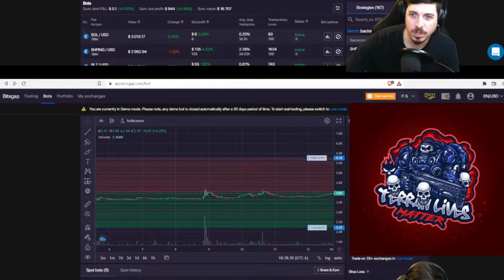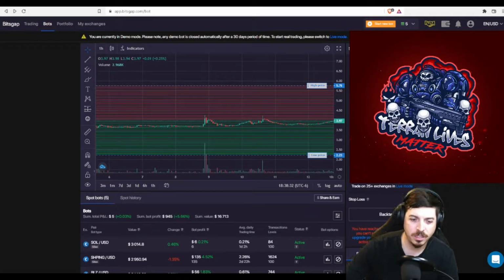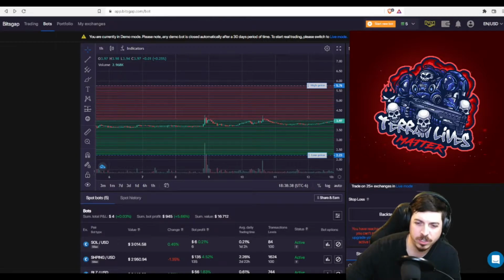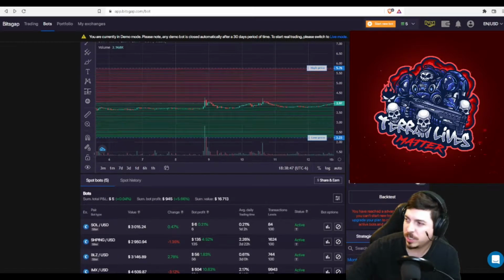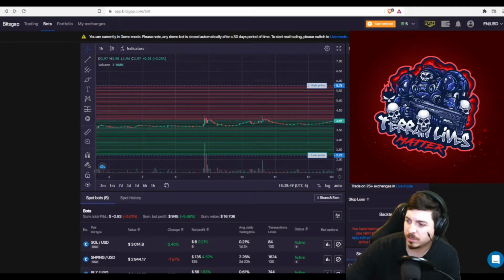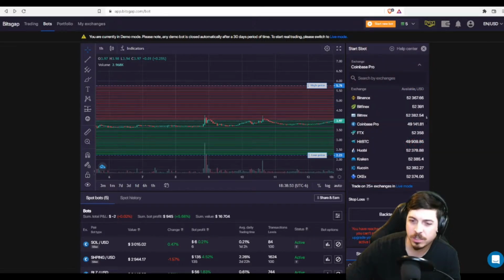Whenever you're in the demo mode, you can actually search by exchange whenever you're modifying one of your bots or starting a new bot, and it will list the exchanges out. So I can show you this screen real quick.